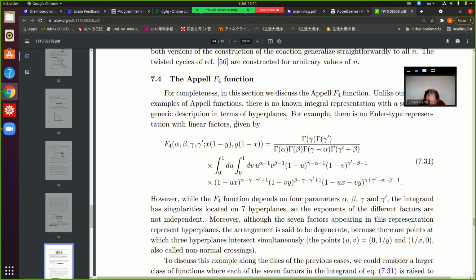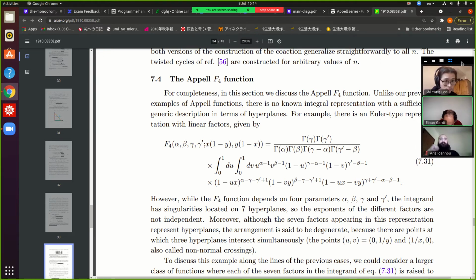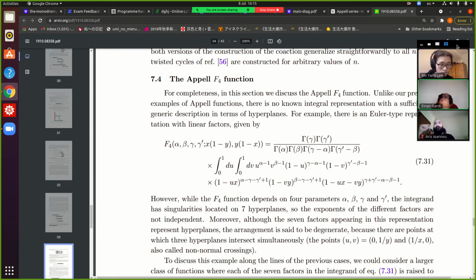v times 1 minus z bar. That is raised to a power, all this power there, gamma prime minus alpha minus beta plus 1.